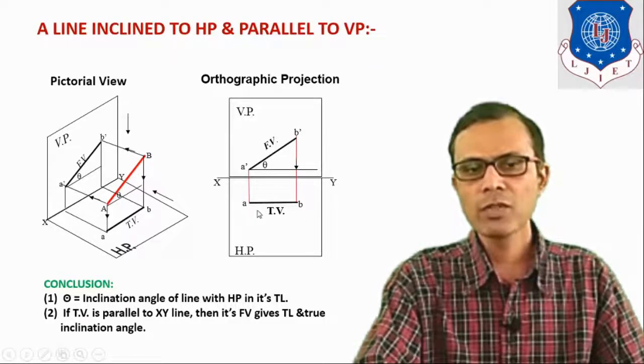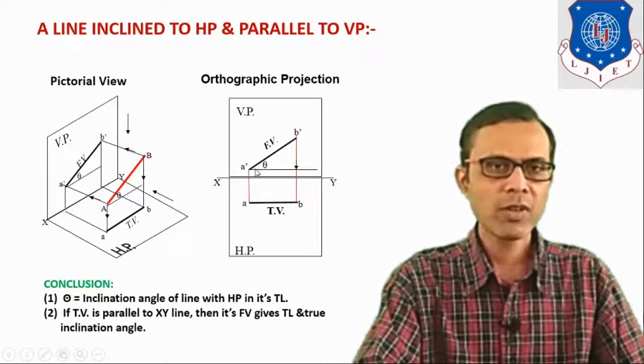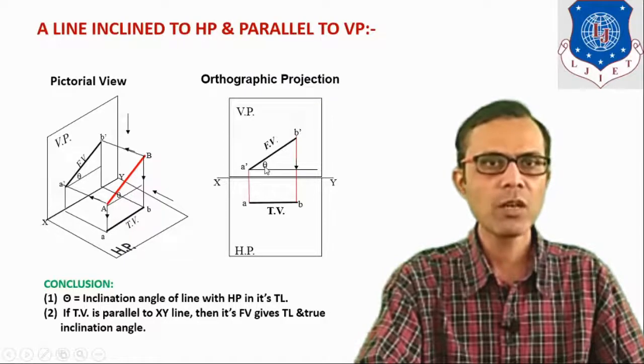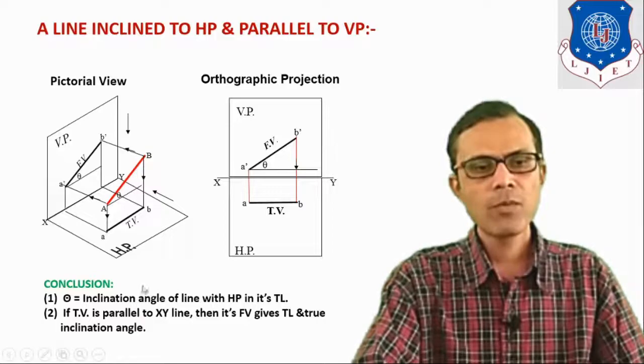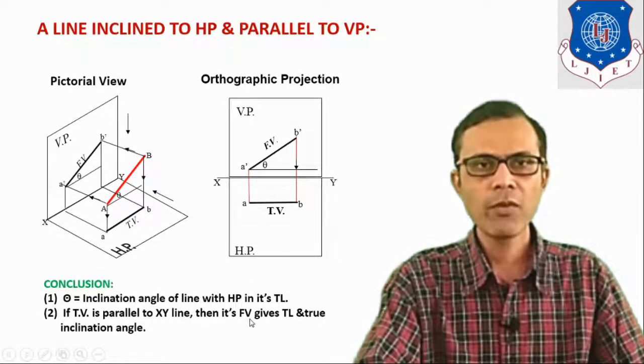So one view, that is the top view, is parallel to the XY line, and the other view, that is the front view, is in true length and true inclination angle. So that is the important conclusion we can derive from this example. If the top view is parallel to the XY line, then its front view gives true length and true inclination angle.